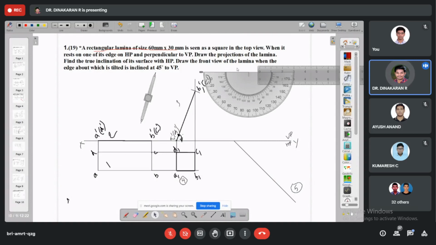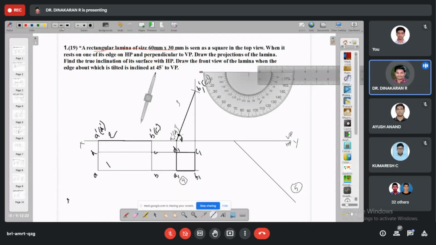Now what they told: draw the front view of the lamina when the edge is inclined at 45 degrees to VP. The first and second is the true shape. Then after that, the tilted position. So we need to transfer this fourth step only. What are the dimensions in the fourth step? Measure it.